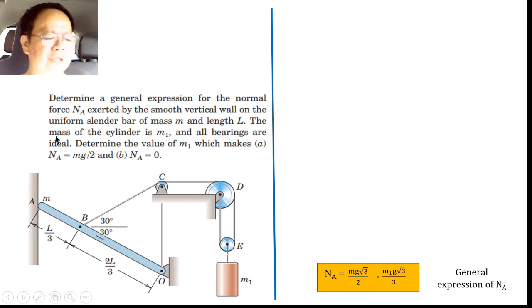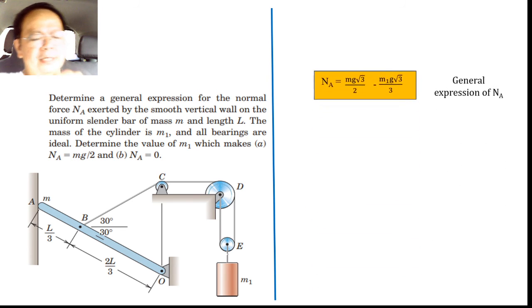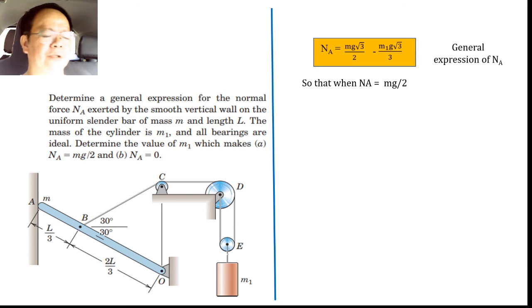Now, in order for us to solve for letter A, what is the value of m sub 1 so that NA will be equal to mg over 2? We substitute that value.